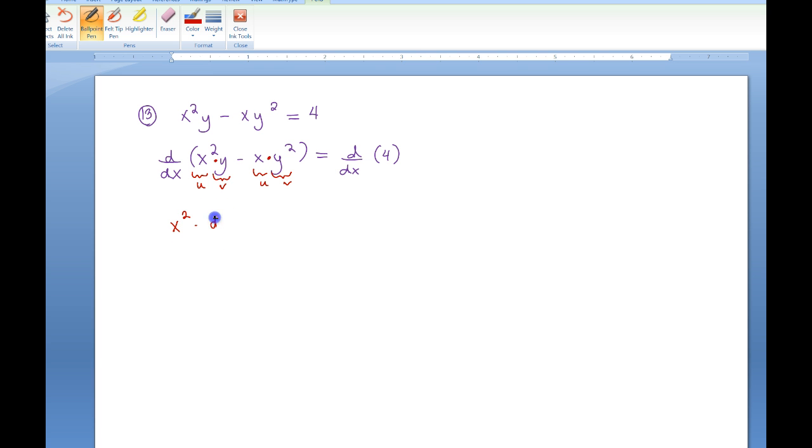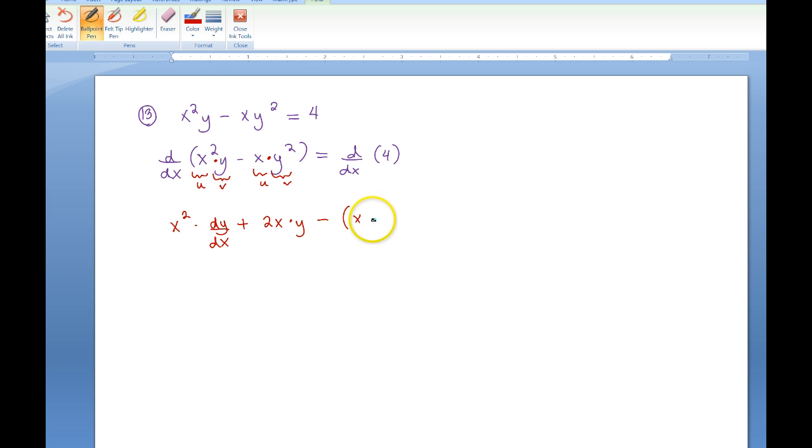v prime, so that's dy dx, plus v times u prime, which is 2x times y. The derivative of x squared is 2x, y stays the same, minus, and I'm going to put this in parentheses so I remember to distribute the minus sign. So it's going to be u, which is x, times v prime.